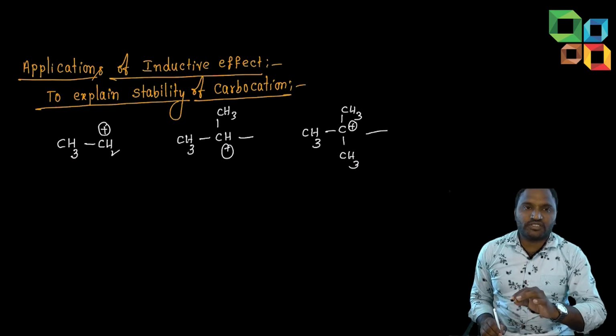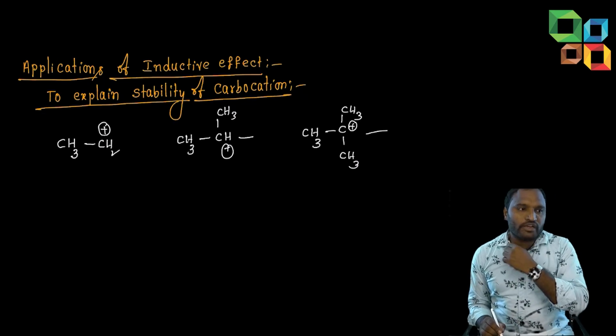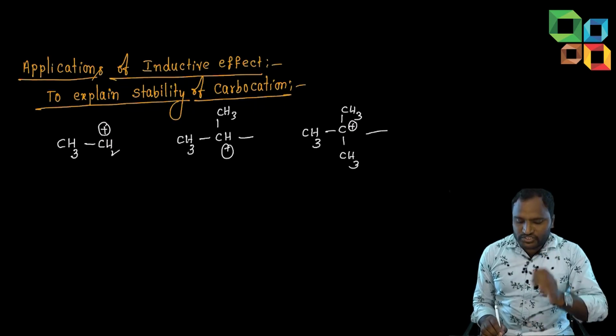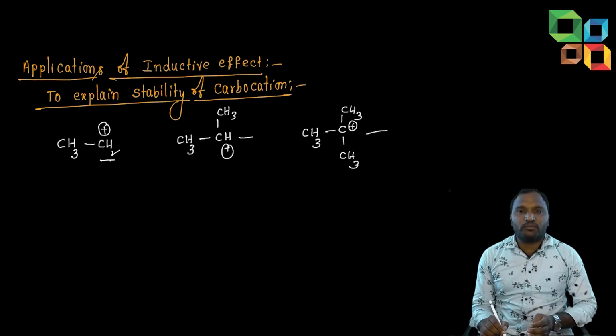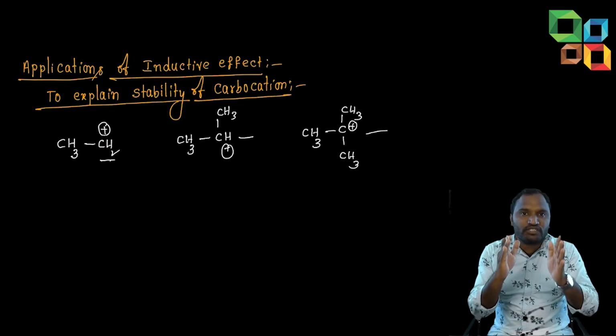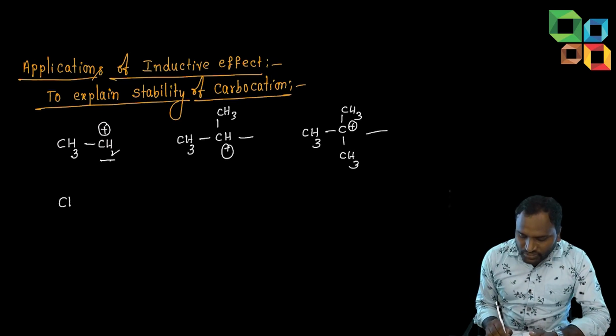Positively charged species are called cations. Carbon with positive charge: carbocation. What is the meaning of positively charged carbon? There is electron deficiency, an empty orbital in carbon.